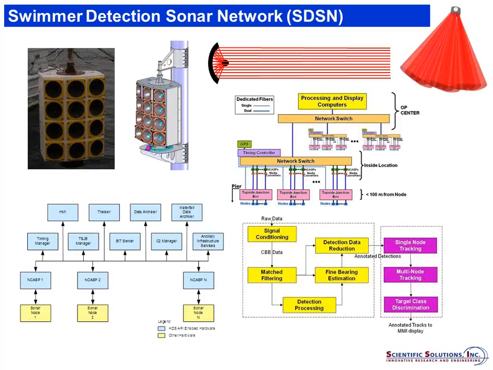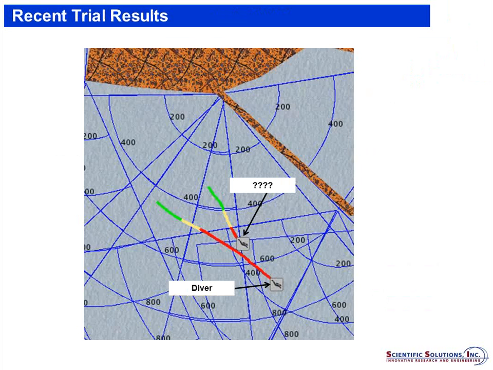On the left is a current version of the system. We have an advanced node that we developed, but it has 12 beams that search out. Each of those beams points in a different horizontal direction. As you can see, there's a bunch of software and networking architecture for the system and signal processing that goes along with it that we're able to leverage for this problem.